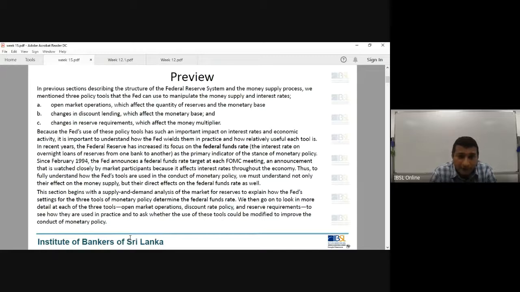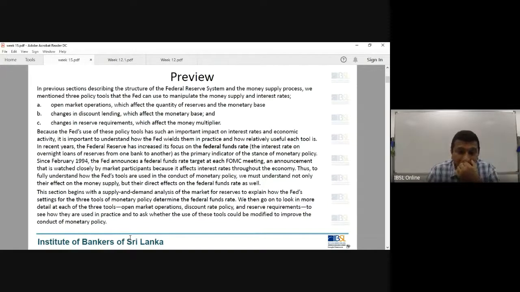In the US case, the Fed funds rate remains the primary indicator of the stance of monetary policy, and they set this on a periodic basis and review it regularly. Since February 1994, the Federal Reserve announces the Fed funds rate target at each FOMC meeting, 8 of them, or more frequently.